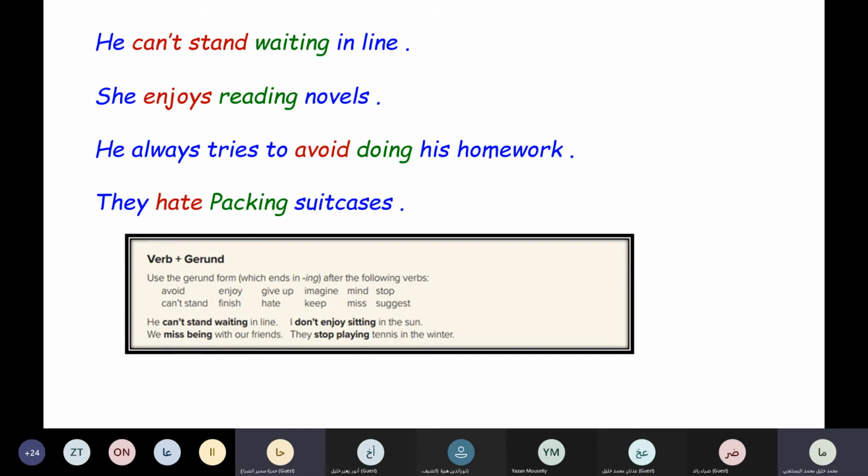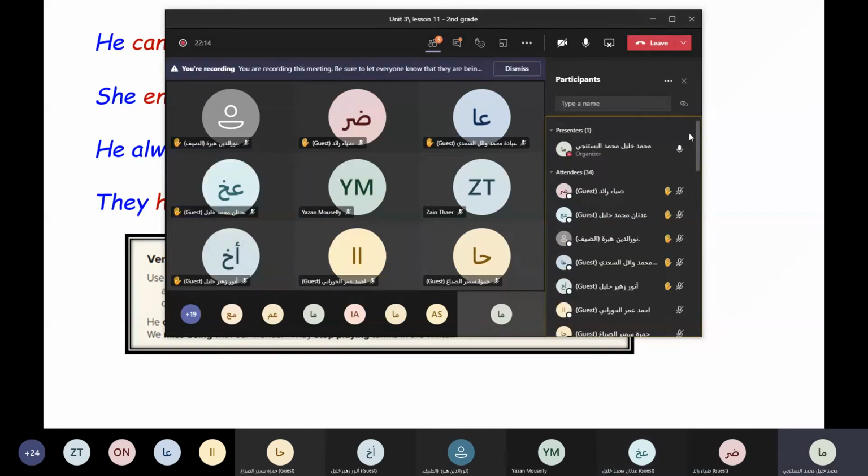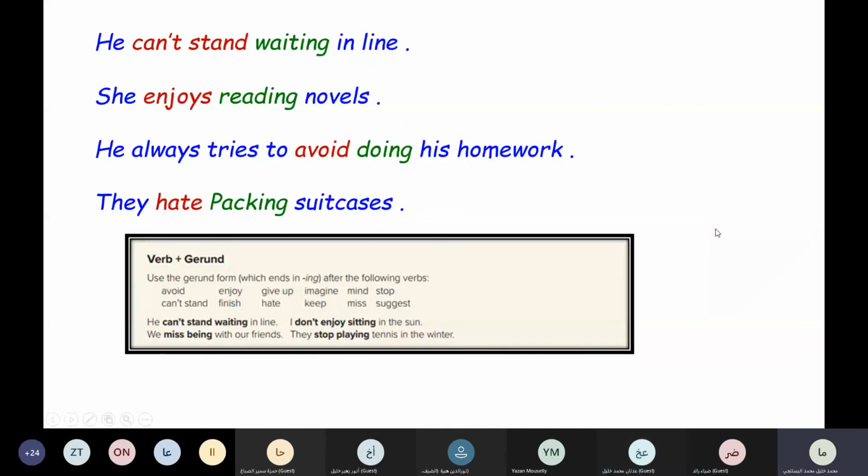She enjoys reading novels. Good. Who can continue? Let me choose Dia. He always tries to avoid doing his homework. Read the last one. They hate packing suitcases. Good.